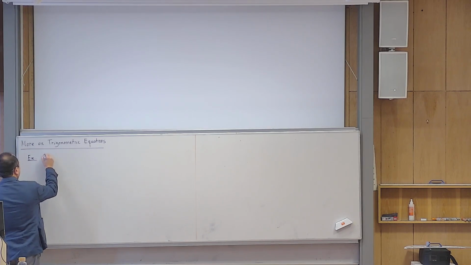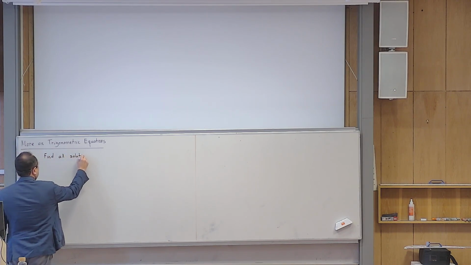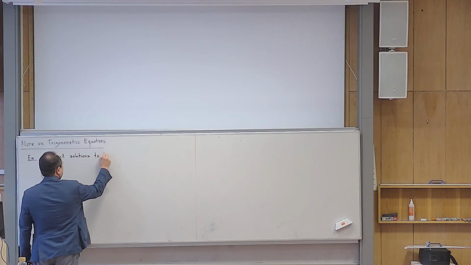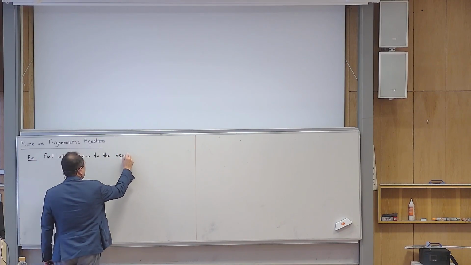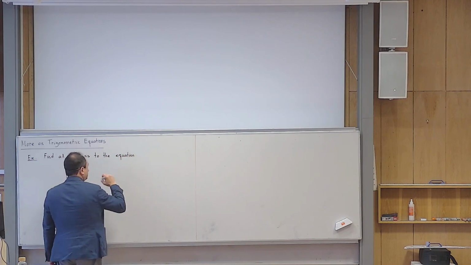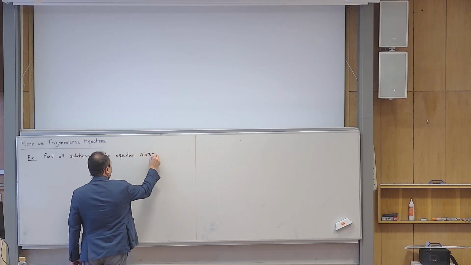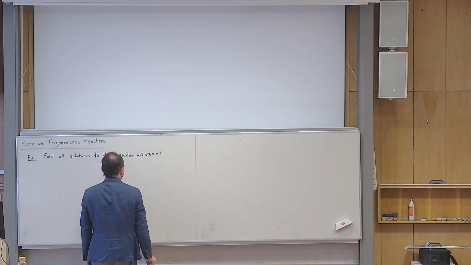Find all solutions to the equation sine, so that was right, 2 sine 3x equals 1.